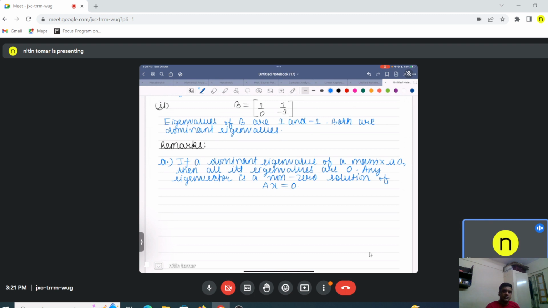So hence this system Ax equal to 0 will have a non-zero solution. We have already seen in the beginning that Ax equal to 0 has only the zero solution if and only if A is invertible. Now since in this case A is not invertible, there will be a non-zero solution, and the non-zero solution will indeed be an eigenvector.